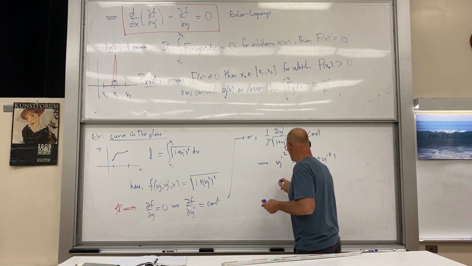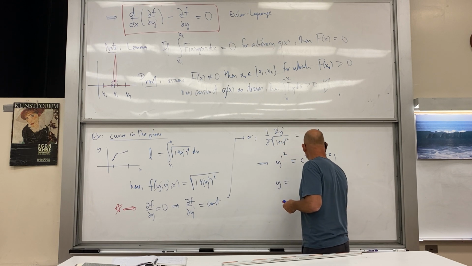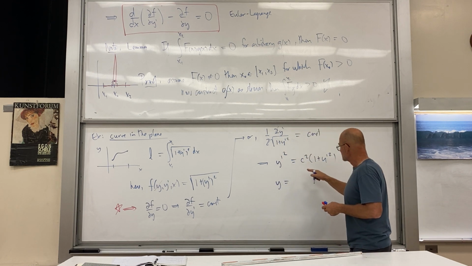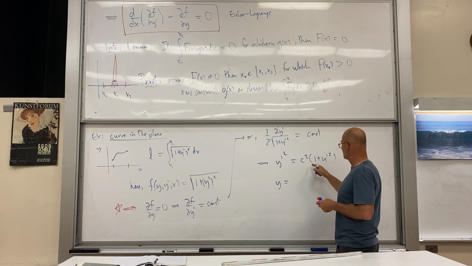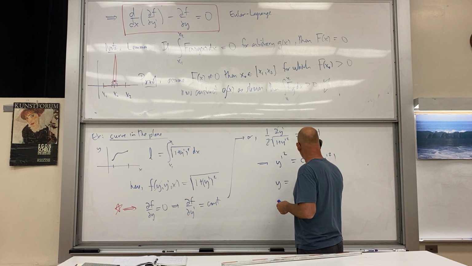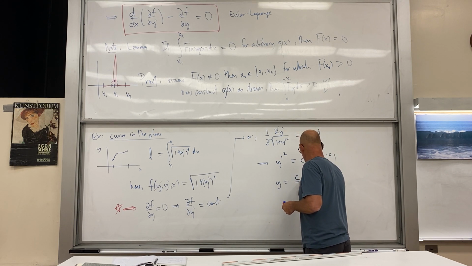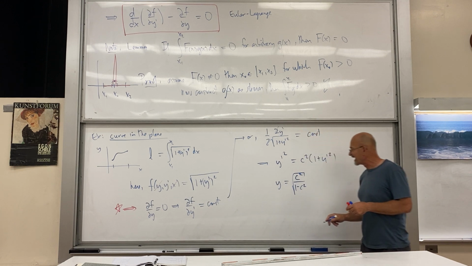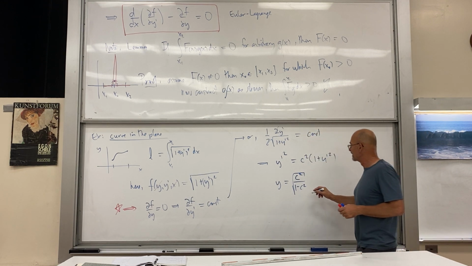So y prime squared times 1 minus c squared, so I'm going to have y prime equal to c over root 1 minus c squared. That's just a constant. I could give it another name.